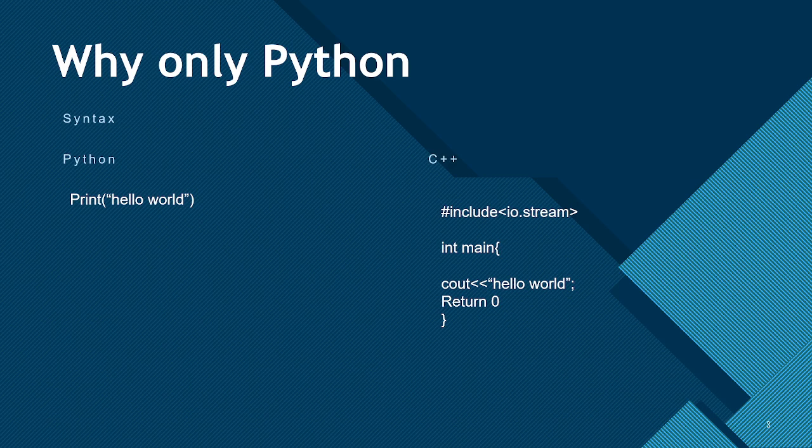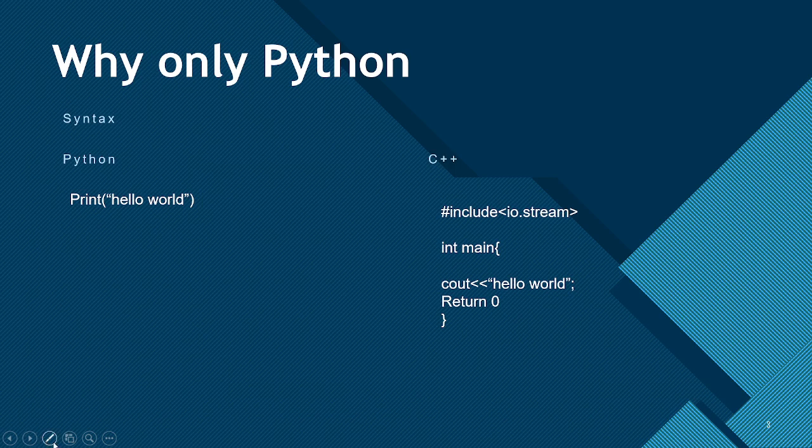The syntax of other languages is very different compared to Python. The other languages' syntax is too big. Here we have given an example of C++, but it's the same with other languages like Java, C, Kotlin, etc. You can see the syntax here.